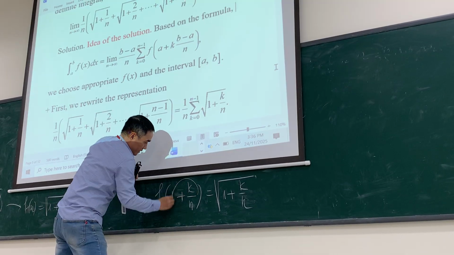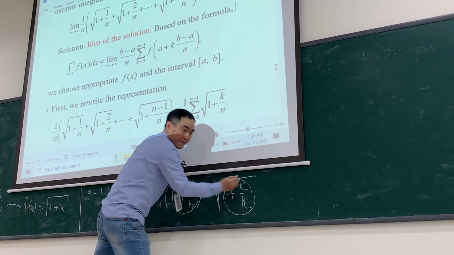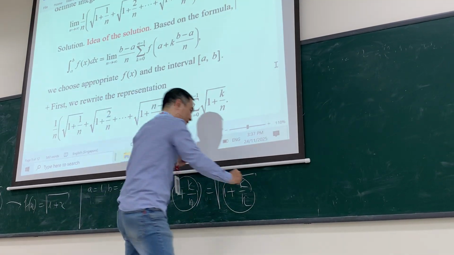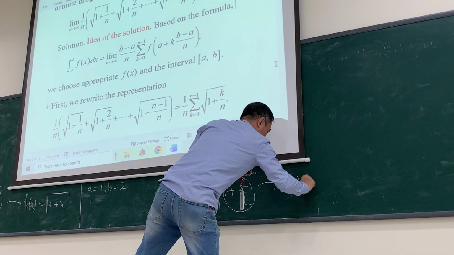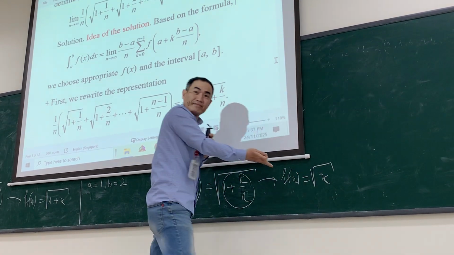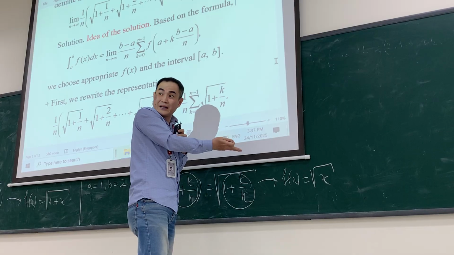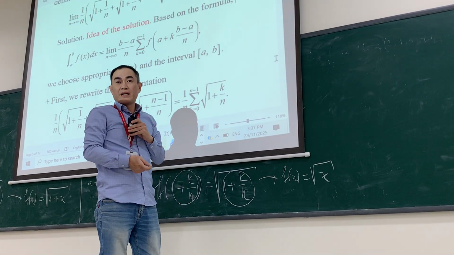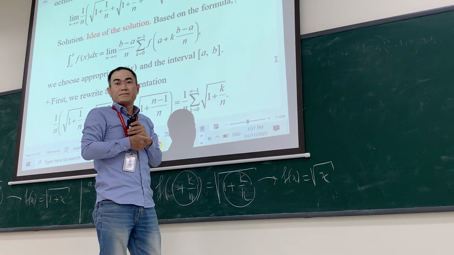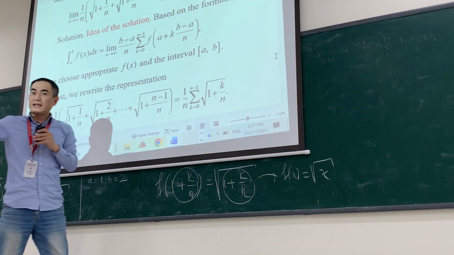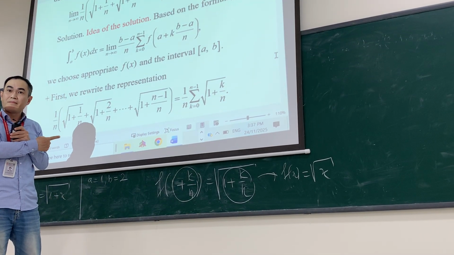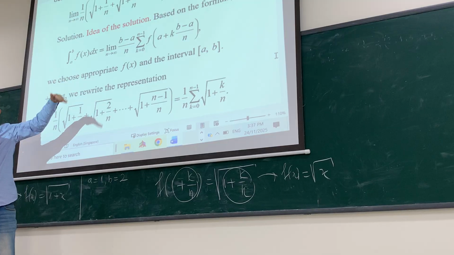You can see the two values are the same. So in this case the function f is equal to square root of x. You understand how to find a, b and f by comparing?